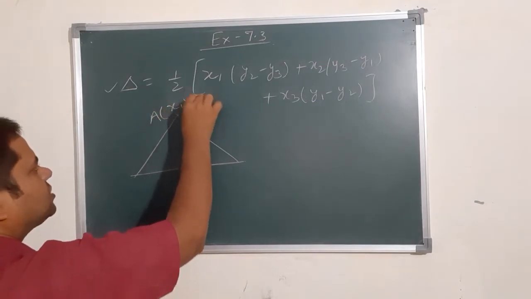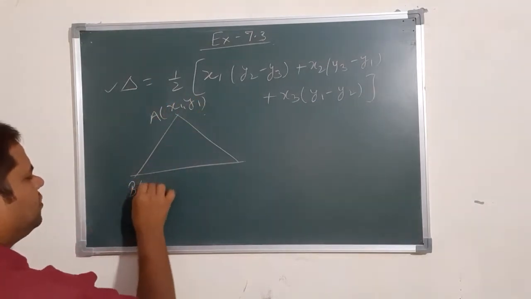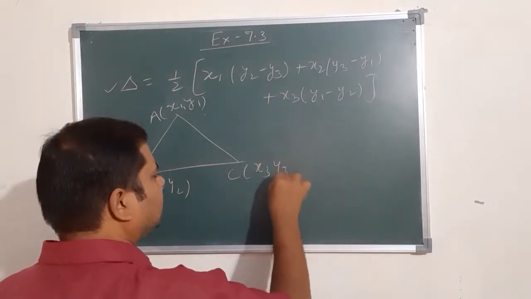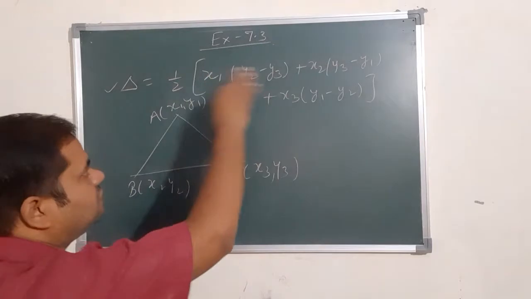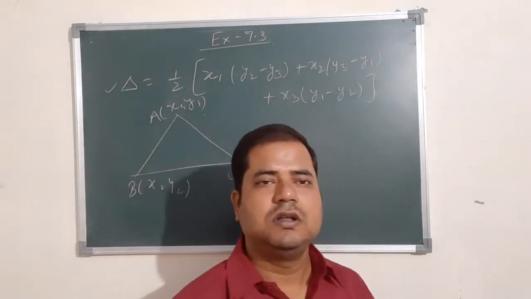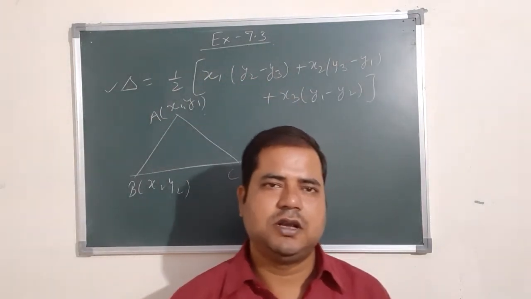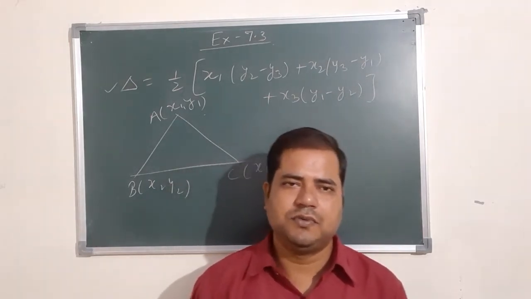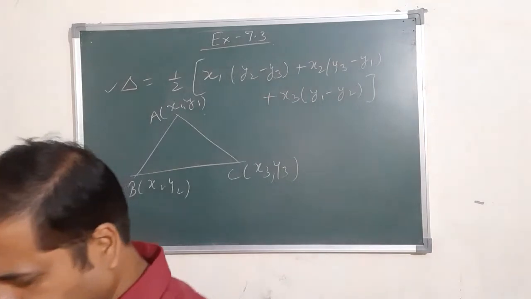So A is x1 y1, B is x2 y2 and C is x3 y3. For this triangle, area of triangle is given by half of, that means 1 by 2, x1 (y2 minus y3) plus x2 (y3 minus y1) plus x3 (y1 minus y2).